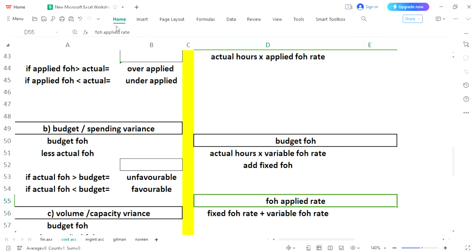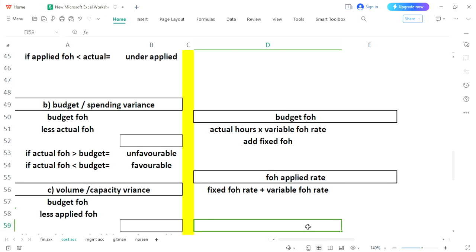And finally, these two rates would also be calculated with the help of formulas. Fixed FH rate would be equal to fixed FH, and you will divide it by estimated or budgeted hours.